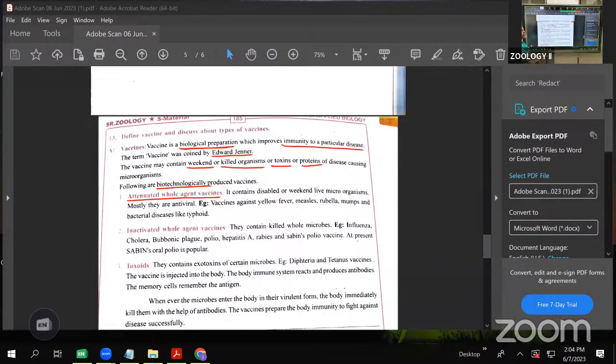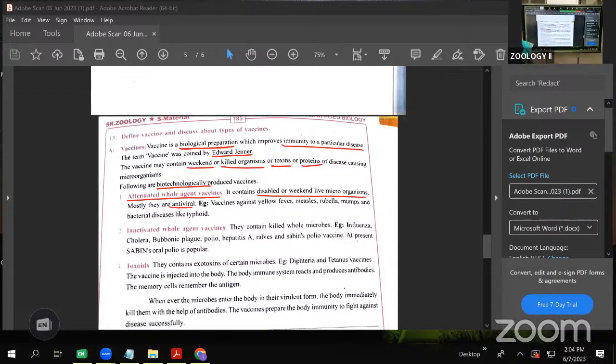Here attenuated means disabled or weakened microbes we are using. Weak and live microbes are used for the preparation of the vaccines that we call attenuated whole agent vaccines. These are mostly antiviral.